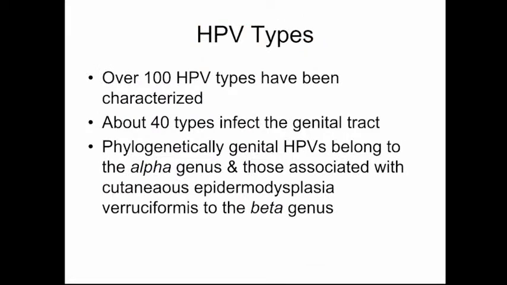Types: the reason why we don't say one singular HPV virus, it's viruses, is because more than 100 types have been characterized, and about 40 types infect the genital tract. Phylogenetically, genital HPVs belong to the alpha genus, and there are those others that are associated with cutaneous epidermal dysplasia verruciformis, which belong to the beta genus.